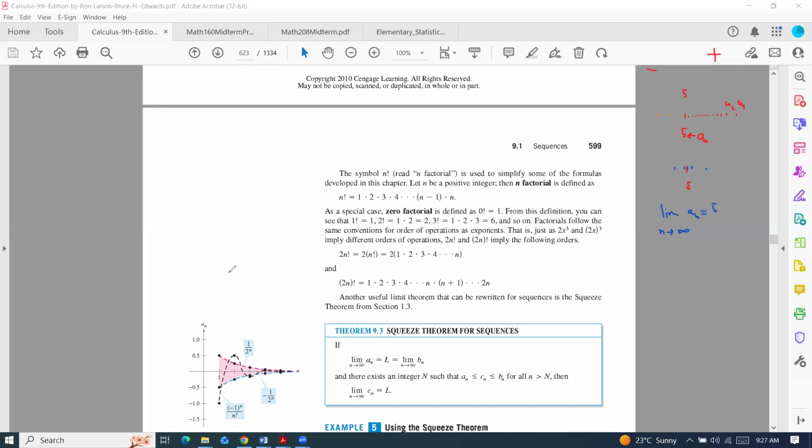So notice that if you have a function 1/2 to the power of n, well, you may use 1/2 to the power of x to start. And 1/2 to the power of x is defined for every value of x, every real value of x, right?